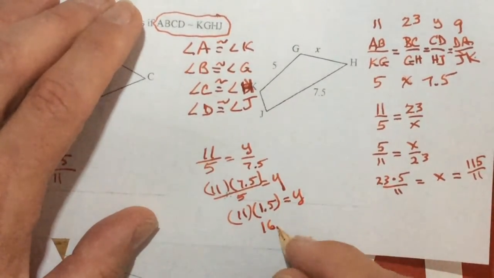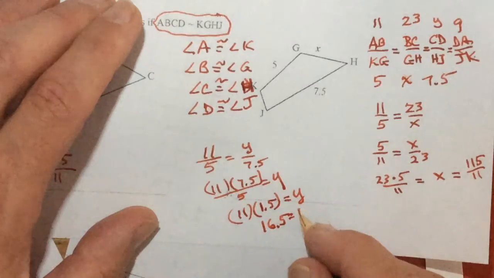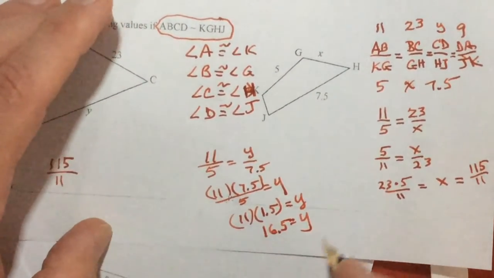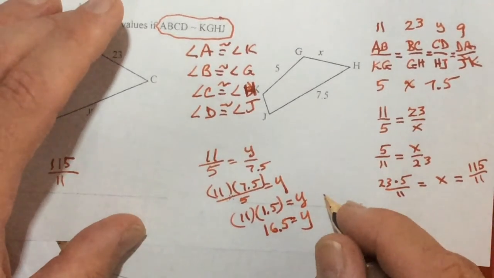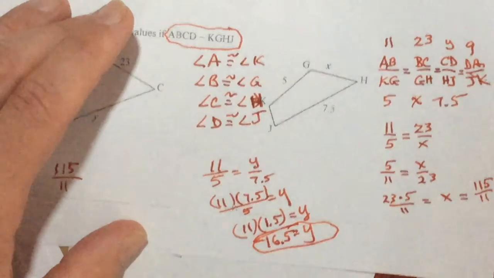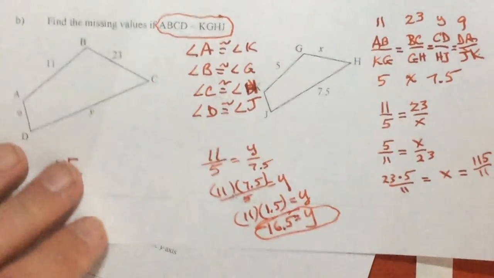And 16.5 is equal to 11 times 1.5. So this answer over here, I guess I wrote over where the space is this. I'll just put a circle around it. So that's how that worked.